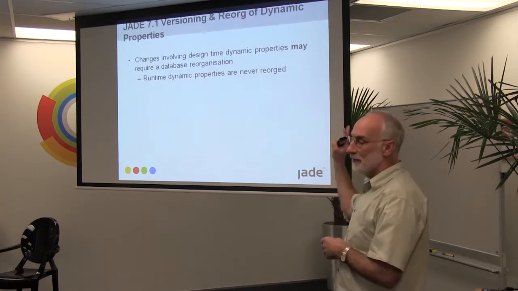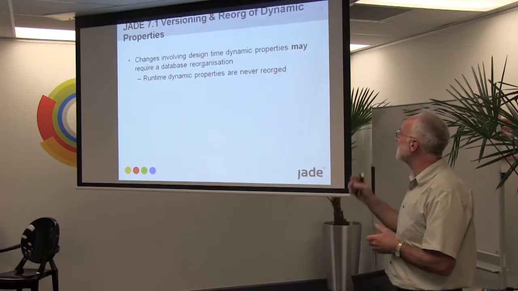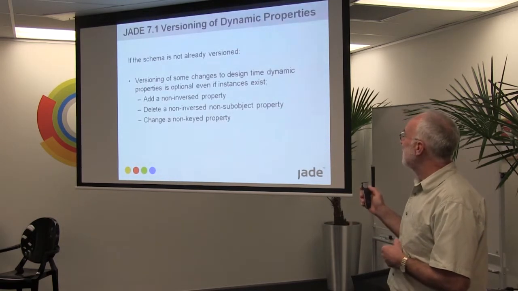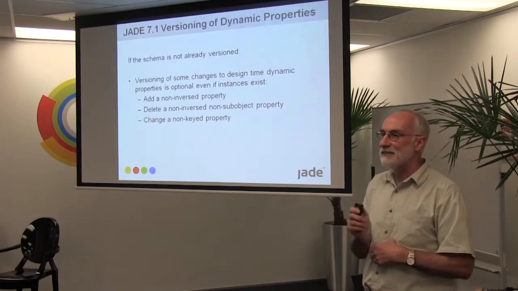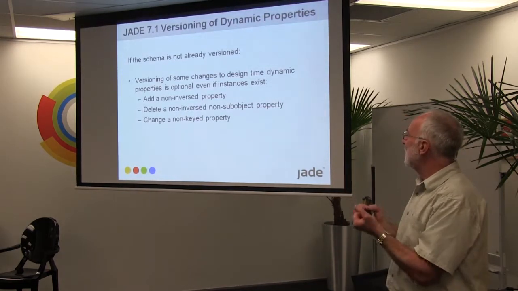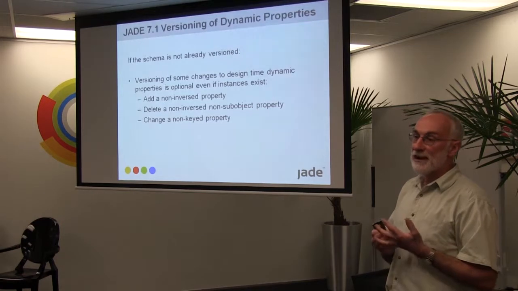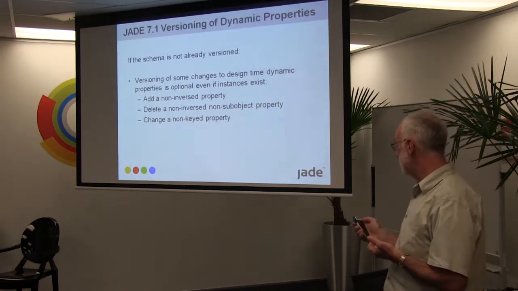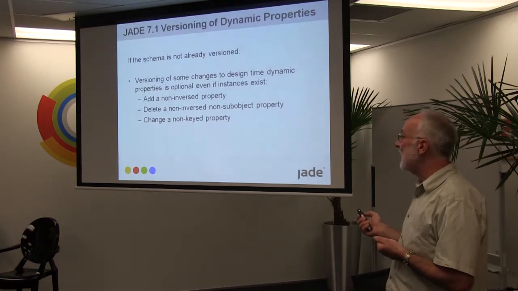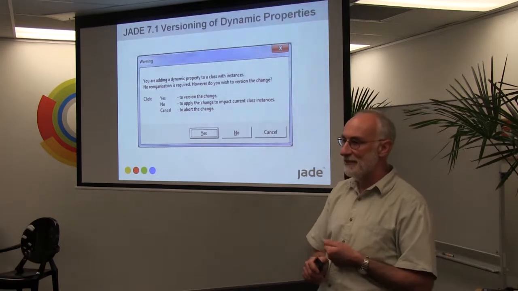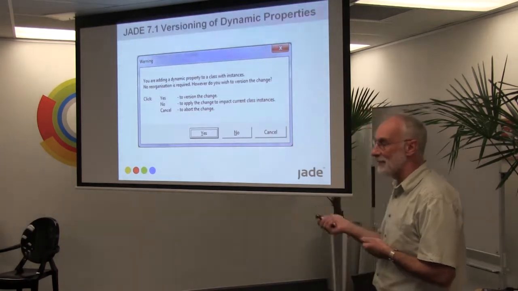You'll see this in action in a minute, but if the schema is not already versioned and you're adding a non-inverse property or a primitive, changing a non-keyed property, the IDE will say, hey, I can make that change, but I don't have to version the data, version the schema.